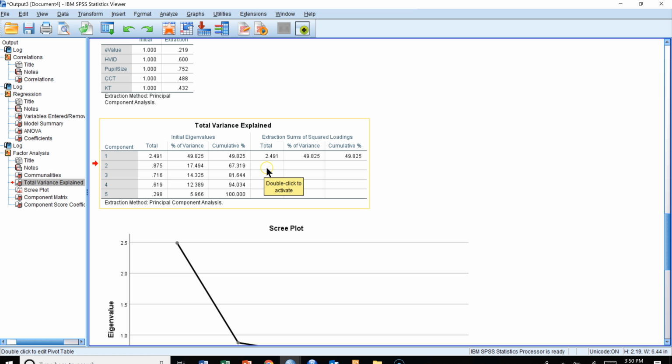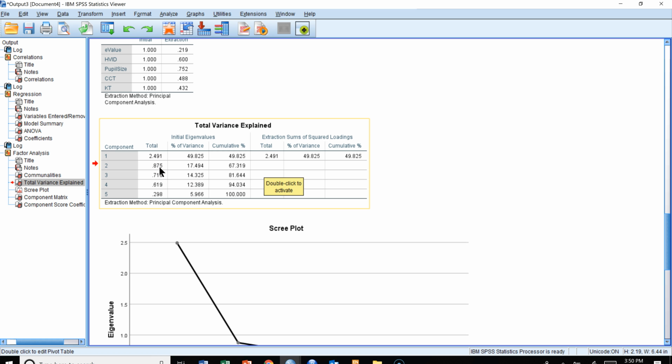Now, why are we just looking at factors greater than 1 when we actually have 5 factors listed here? Well, an eigenvalue of 1 is an individual question. It has a variance of 1. So if a factor is accounting for less variance than 1, it's not even accounting for the amount of variance in one question.